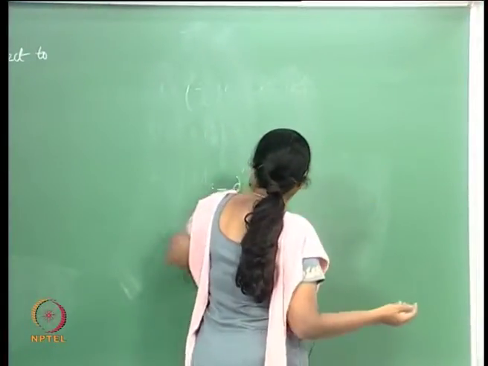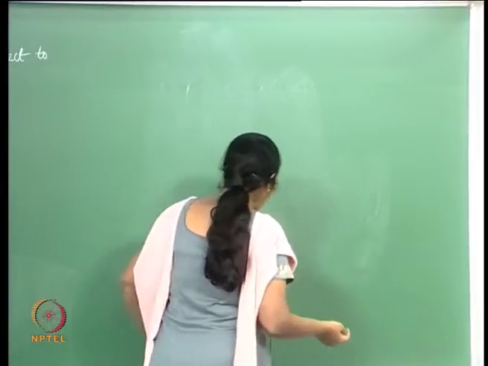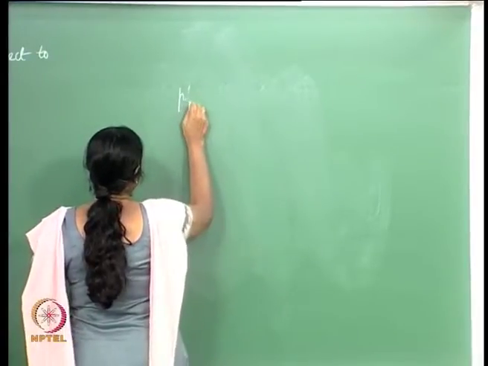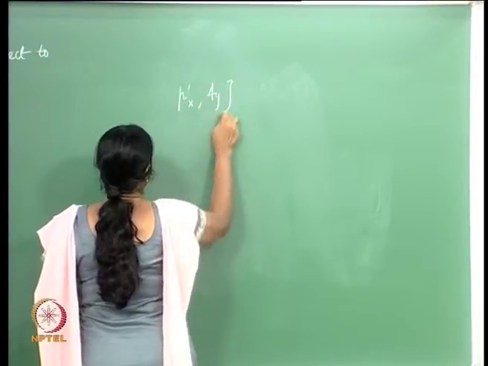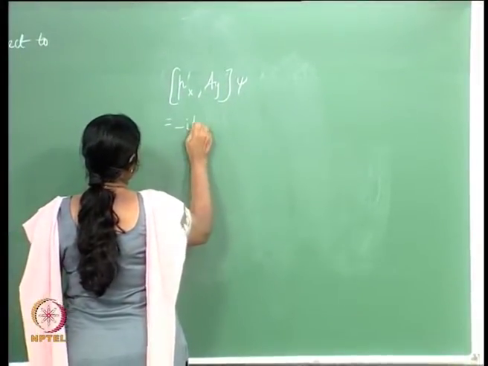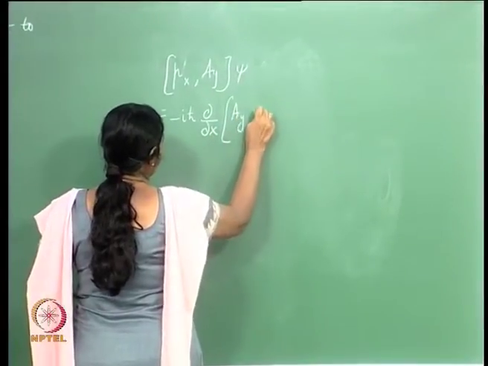I work in the position representation because Ax, Ay, etc. are functions of x, y and z. So, Px Ay psi is minus iħ ∂/∂x of Ay psi.